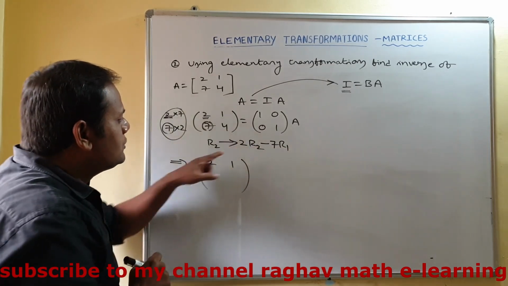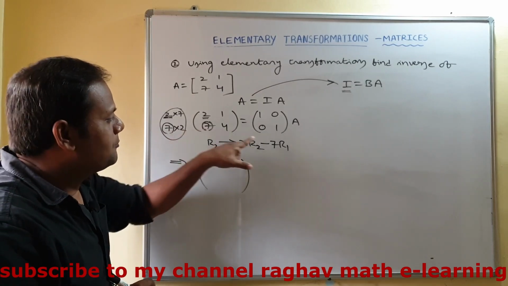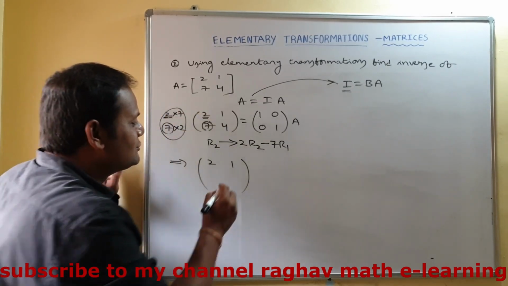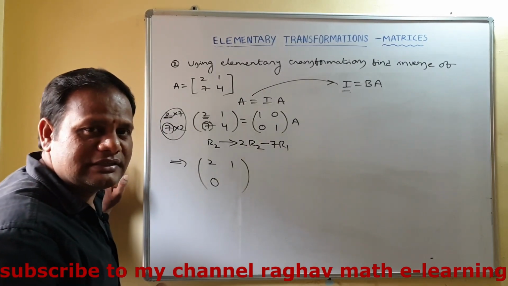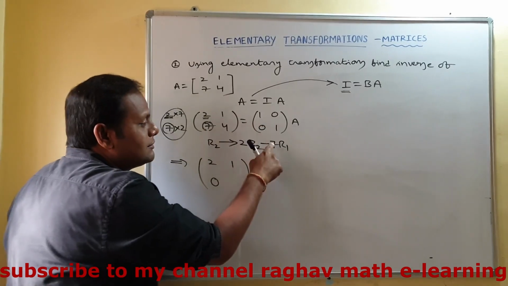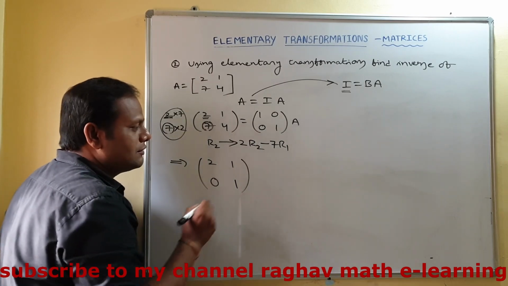Multiply the second row with 2: 2 into 7, 14, minus 7 into 14. So 0. We want that only. Next, 2 into 4, 8, minus 7 into 1, 7. So 8 minus 7 is 1.